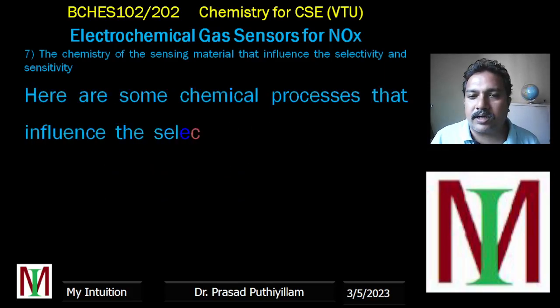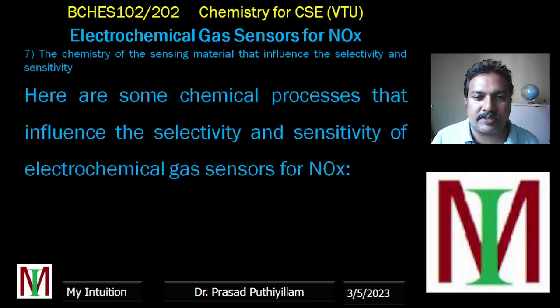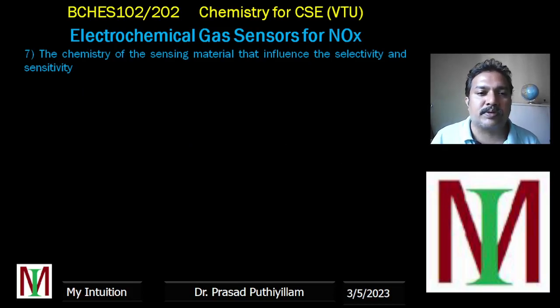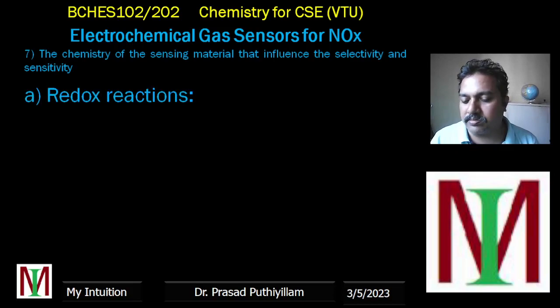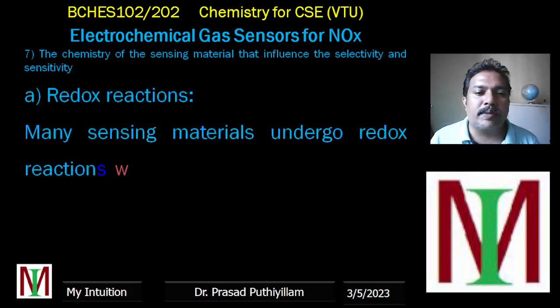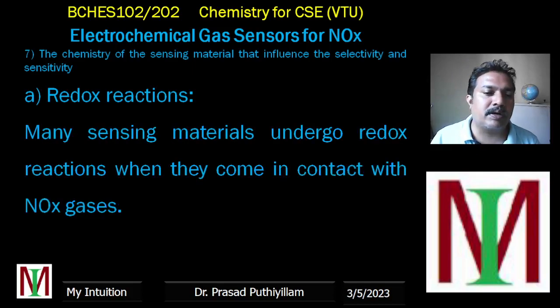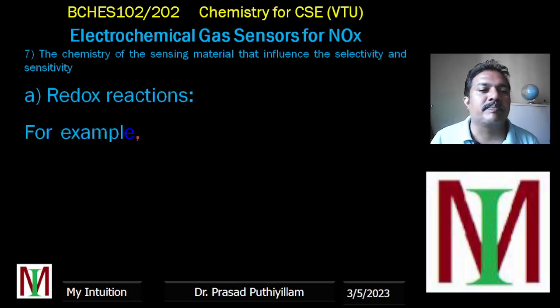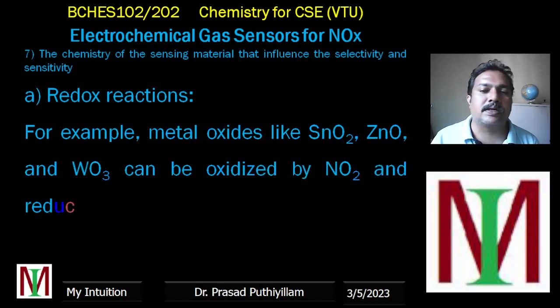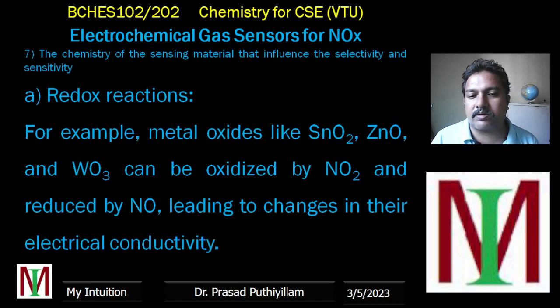Here are some chemical processes which influence the selectivity and sensitivity of electrochemical gas sensor for oxides of nitrogen. Redox reaction, oxidation and reduction combined. Many sensing materials undergo redox reaction when they come in contact with oxides of nitrogen gases. For example, metal oxides like tin oxide, zinc oxide, and tungsten oxide can be oxidized.